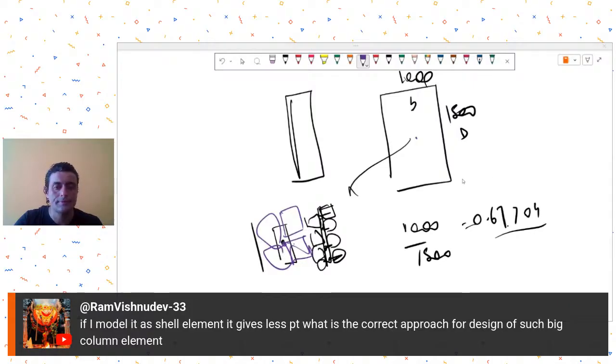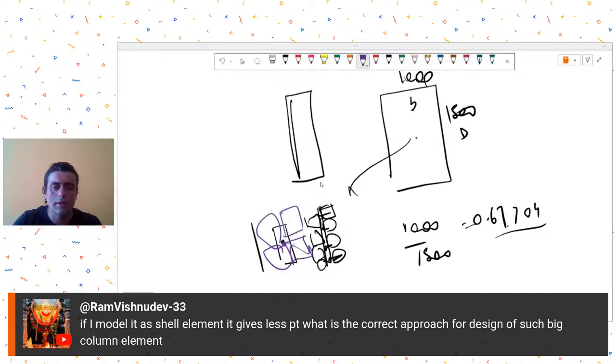Okay, but your observation is correct, and this happens due to the way in which the connection happens between the shell elements and the line elements. When you model it as an RCC shear wall, then the connection happens with the slab shell elements and the shell elements of the walls.